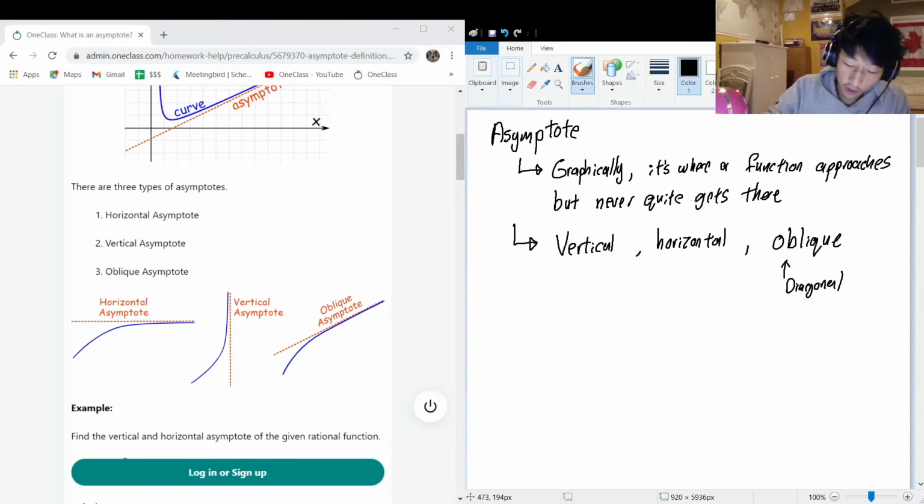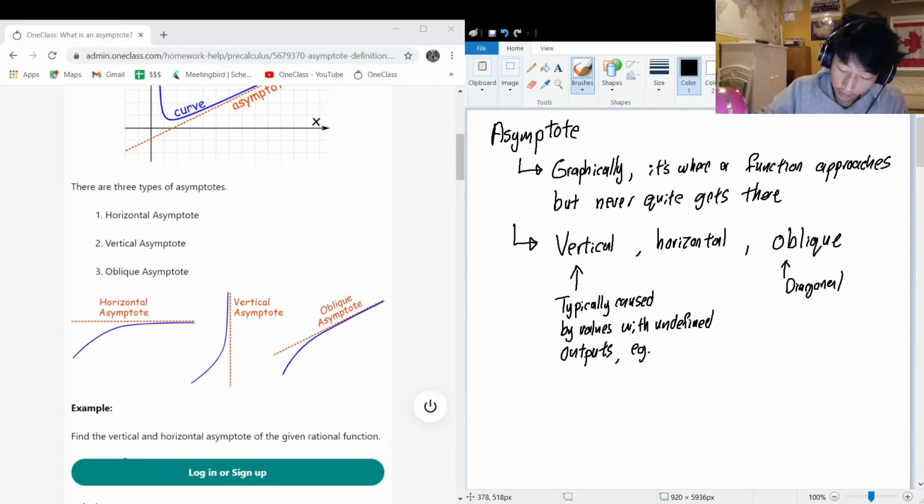Now, vertical asymptotes are typically caused by values with undefined outputs. Example, dividing by 0. And horizontal asymptotes, they're like the least special out of all of them.